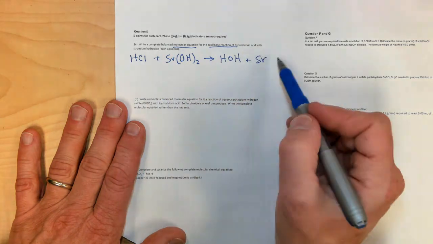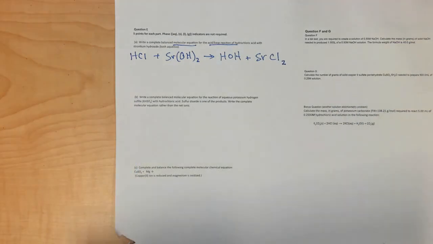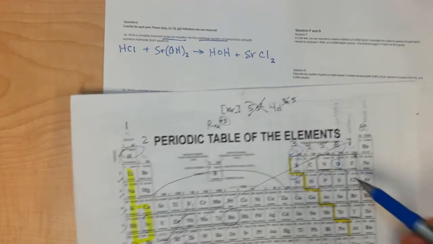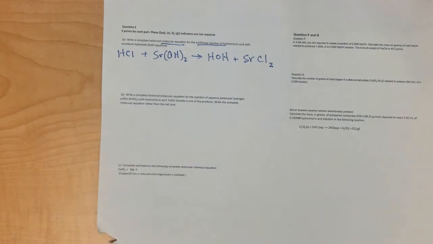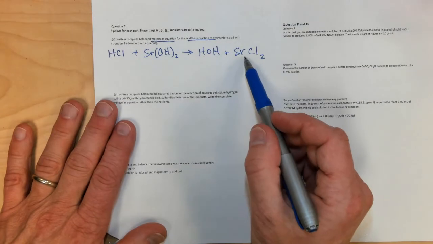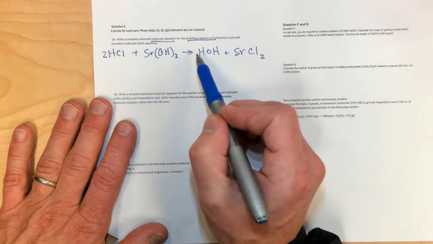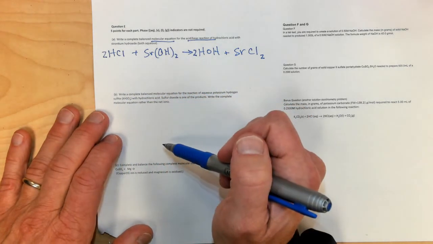Strontium's +2, chloride's -1, so you'd need 2 chlorides right there. Notice how I referenced the strontium right here in group 2, +2, chloride being -1, and you'd need 2 of the -1 things to make sure that you balanced out the +2 of the strontium. To balance this, I think you need a 2 here, and I believe a 2 right here. That's the molecular equation balanced.